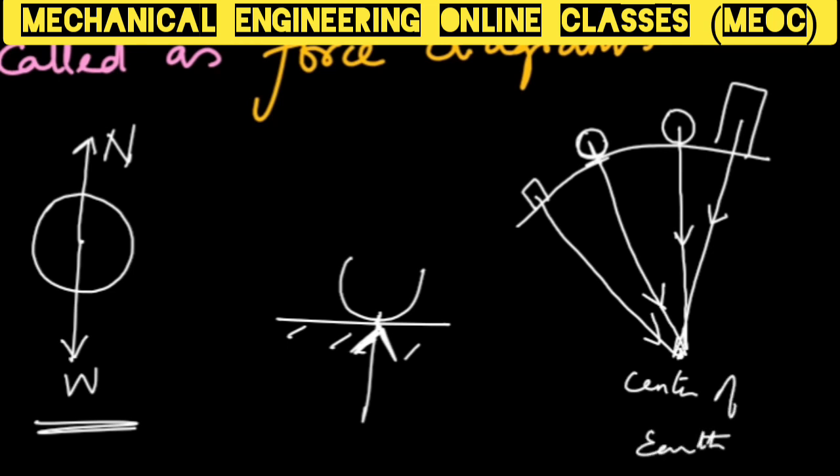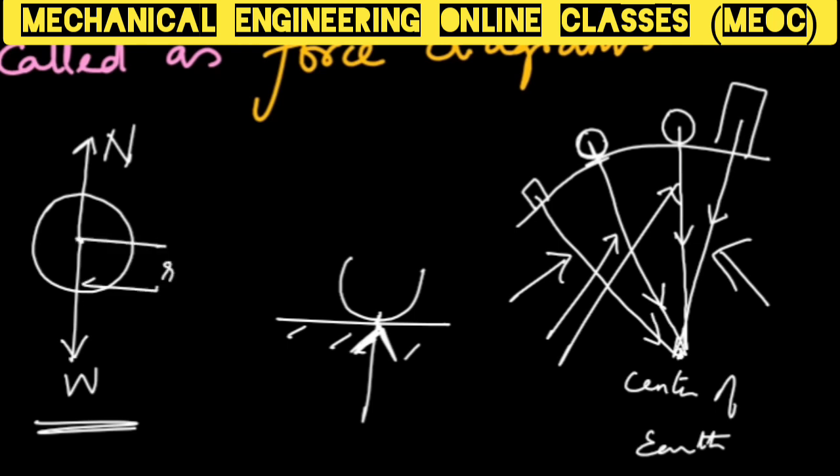Because the radius of Earth is very high compared to the dimensions of the objects placed on the Earth, we consider that all these force lines are of infinite radius. Compared to this radius, Earth's radius is infinite. What we mean is that this small r, the dimension of this object on Earth, is negligible.